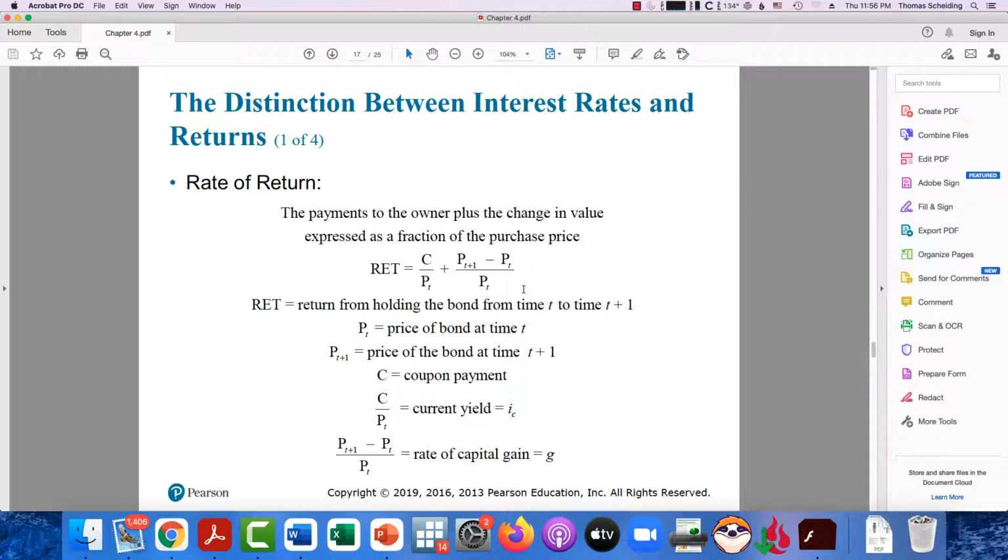Now, interest rates are not necessarily the return for an investment, the rate of return for an investment. And that's because, in essence, you've got to buy the bond itself.